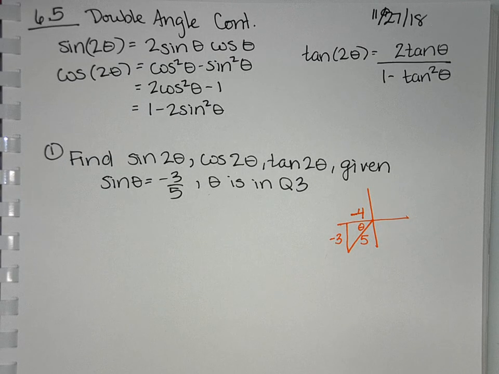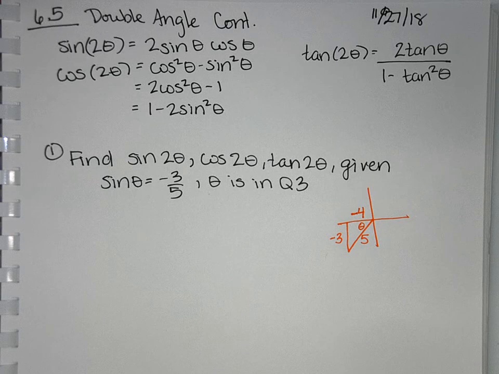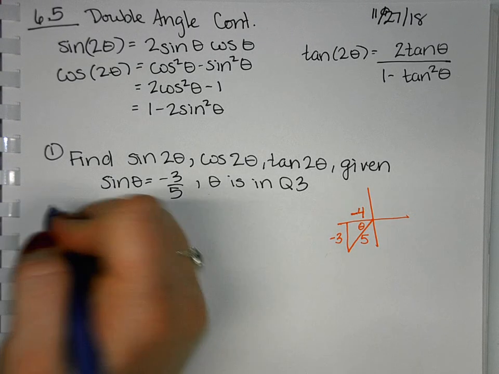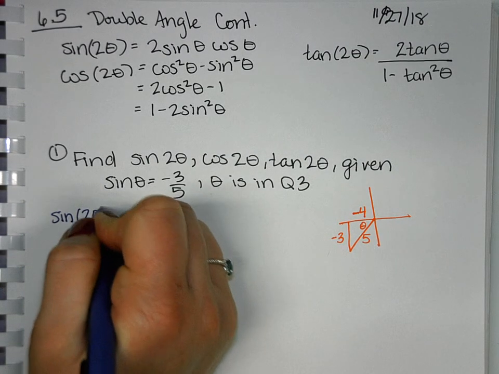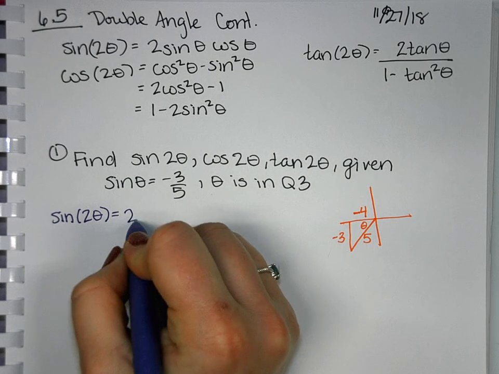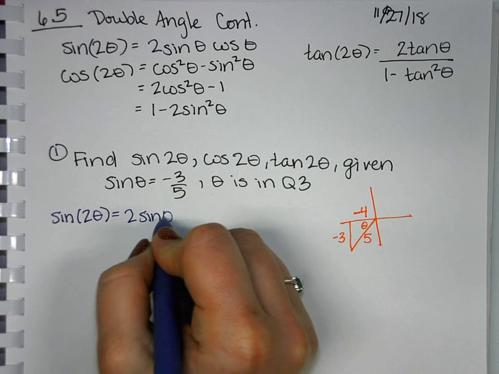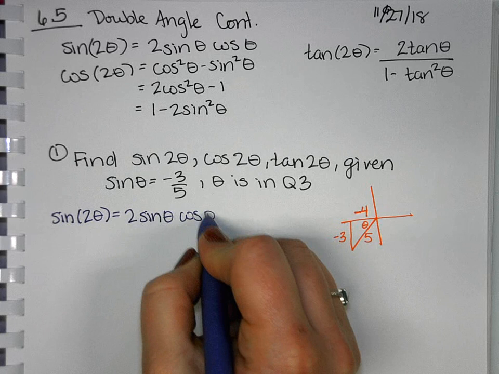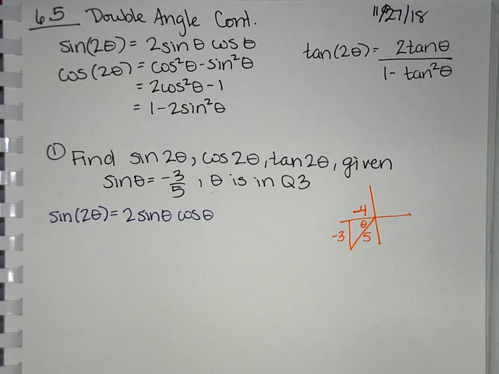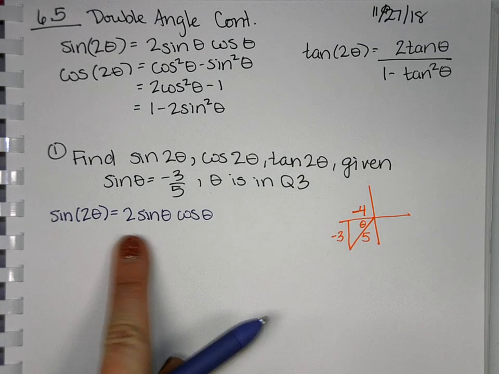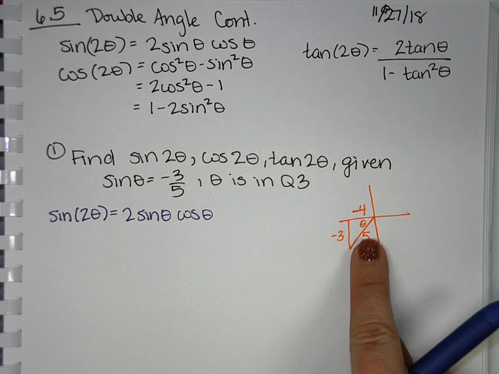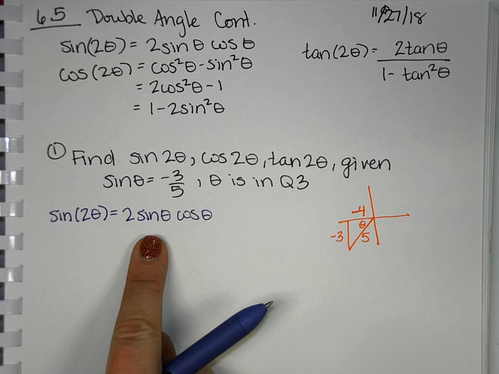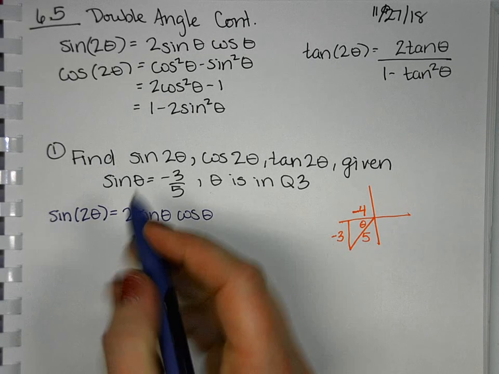So once we have all of this, we can go ahead and start figuring out our sine, cosine, and tangent of 2 theta. So we have sine 2 theta. Using the formula that you just watched in 6.4, we can write it as 2 sine theta times cosine theta. So now I'm going to go to my picture and find out what is sine of theta and what is cosine of theta.